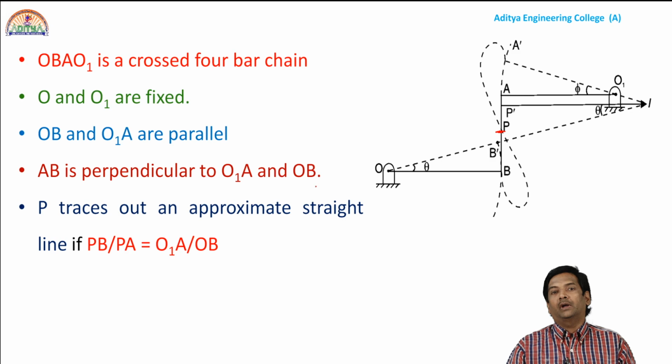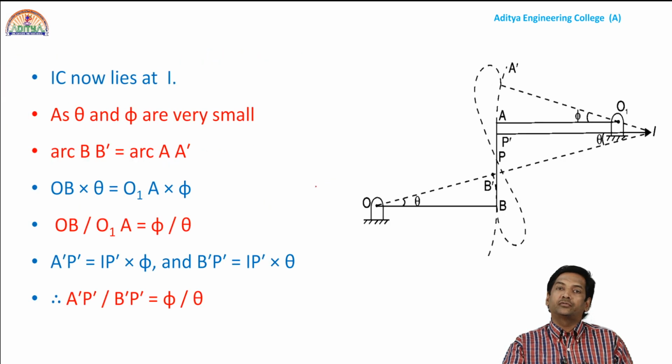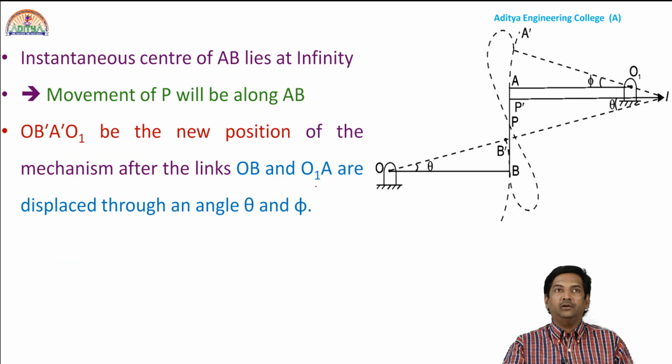P is one of the points on AB and the ratio has to be in relation to the links OB and O1A. Now, if we have some movement of the link O1A or OB, how this is transferred to the movement of AB, we will see now.